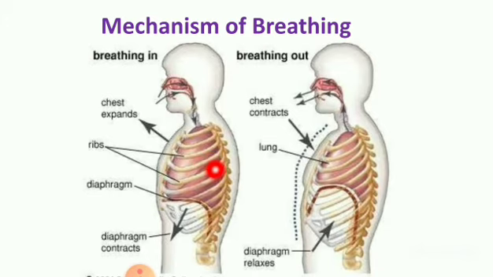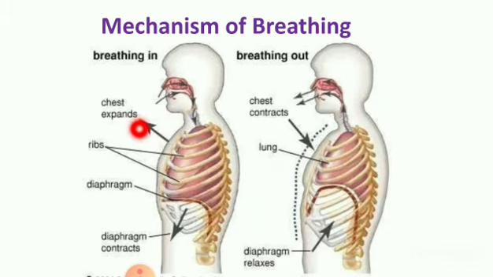This picture is for breathing in, this for breathing out. So the process of taking air into the lungs is called inspiration or inhalation. At the time of inhalation, the sternum is pushed up and outward and the diaphragm is pulled down.